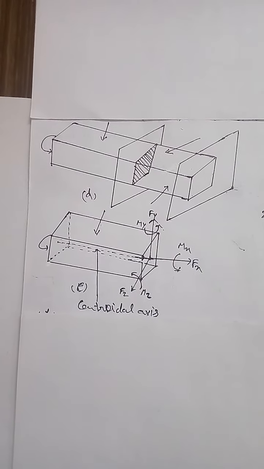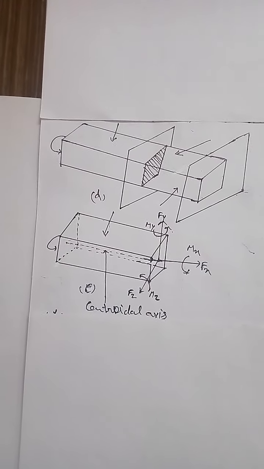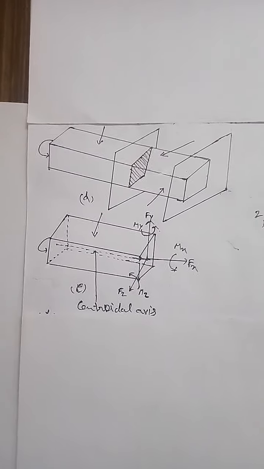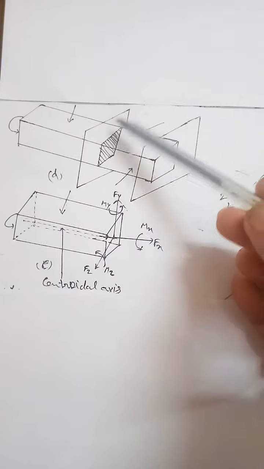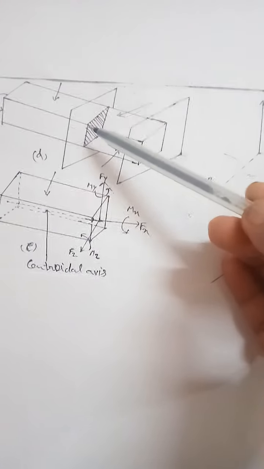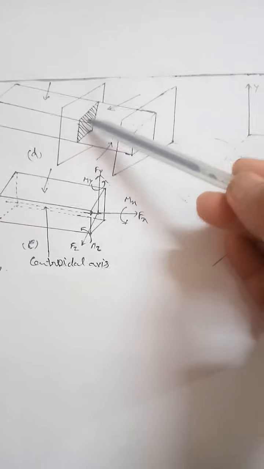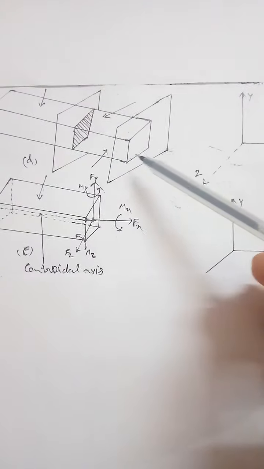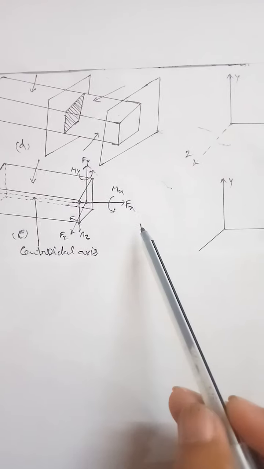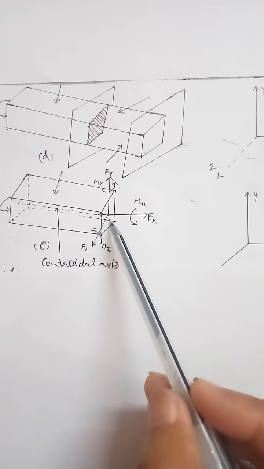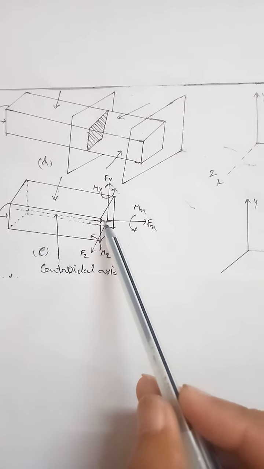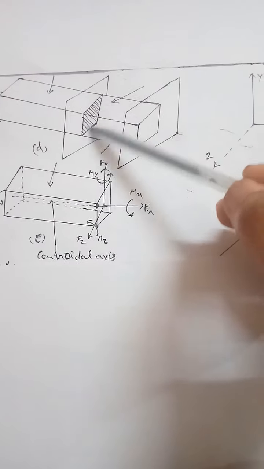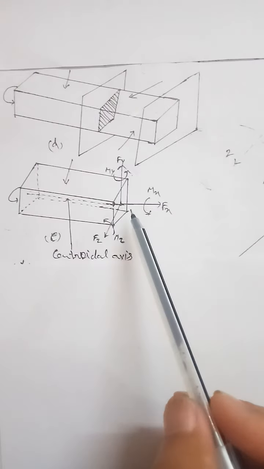If we cut this particular 3D member from the middle, at this point, we get a plane which is perpendicular to the centroidal axis. Here in this diagram we can see the centroidal axis, and the plane we have cut is perpendicular to this centroidal axis.